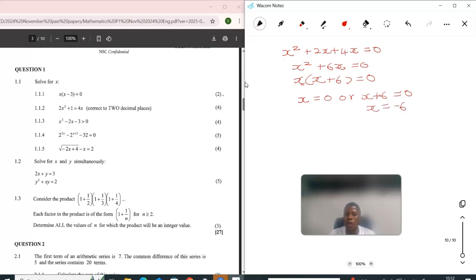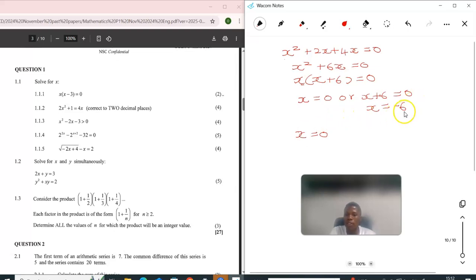So you're going to take this 0 and substitute it into the original equation, and see if you found 2. So I have taken my 0 and substituted it here, and I found 2. So it means that x is equal to 0.